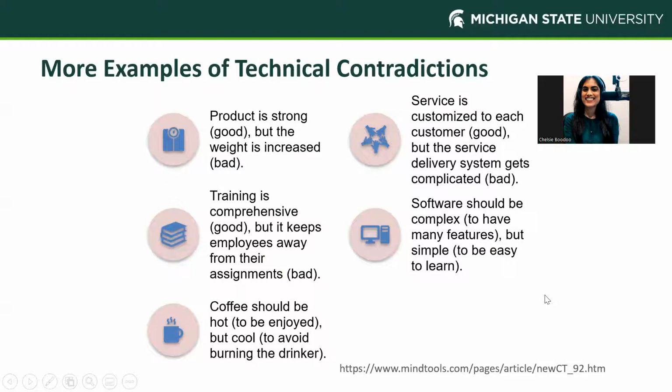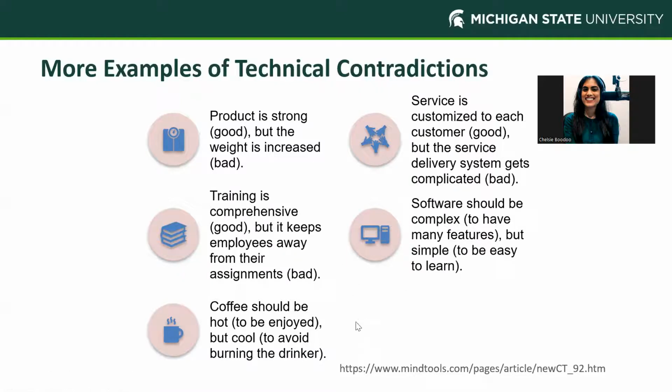Here are more examples of technical contradiction. The product is strong, which is good, but the weight is increased, which is bad. Or training is comprehensive, which is good, but it keeps employees away from their assignments, which is bad.